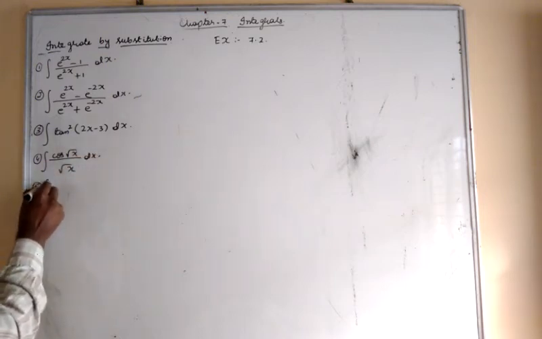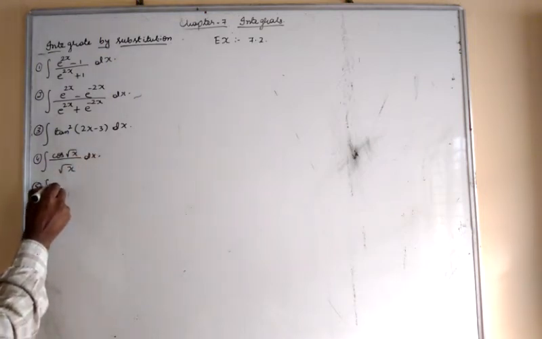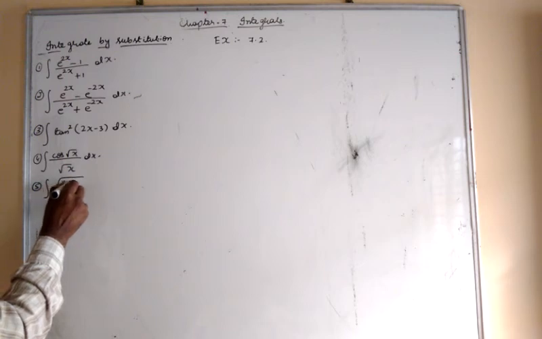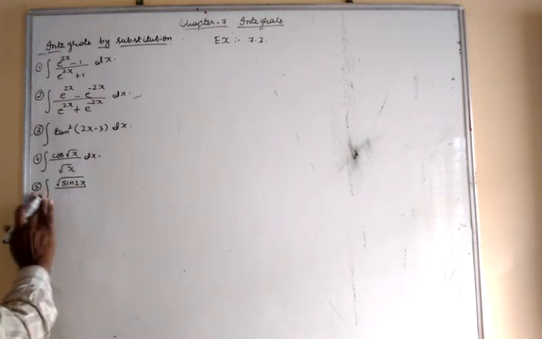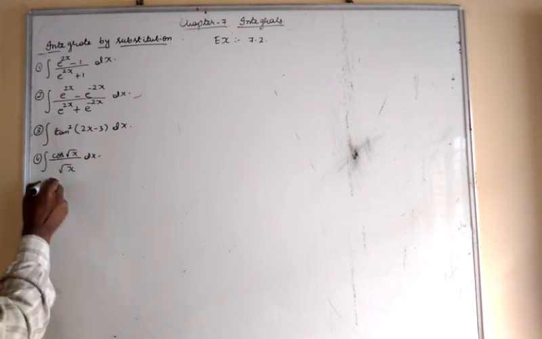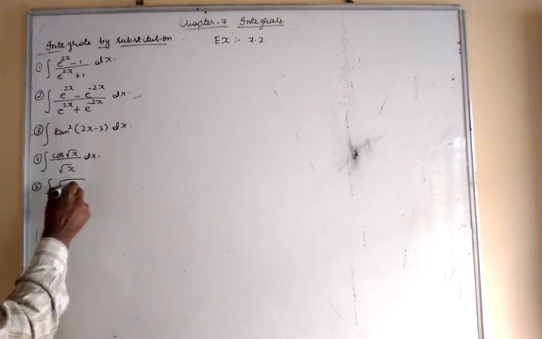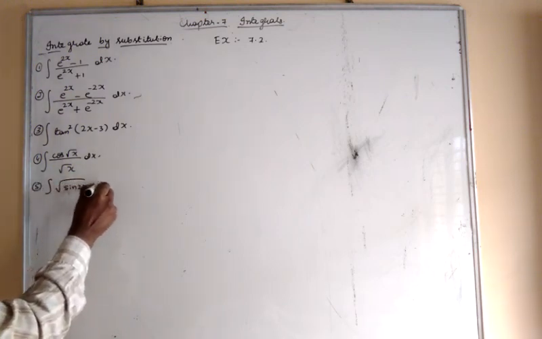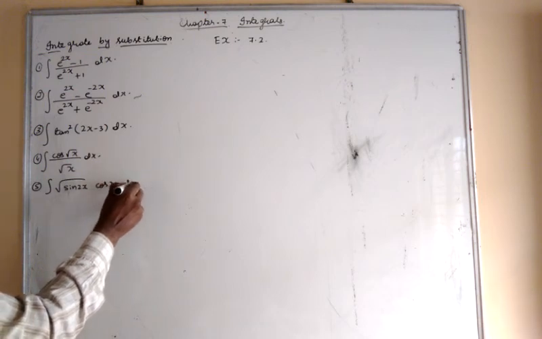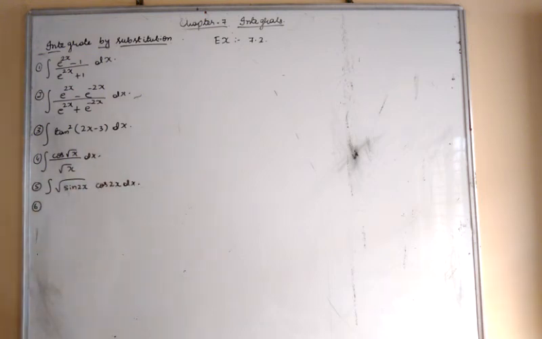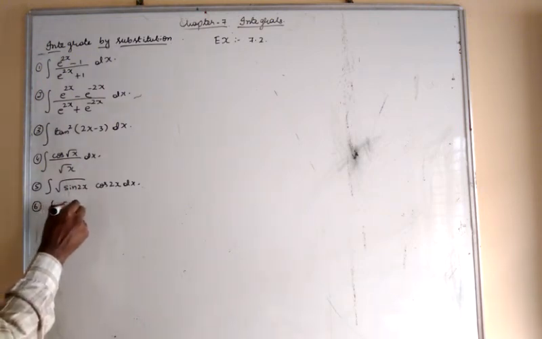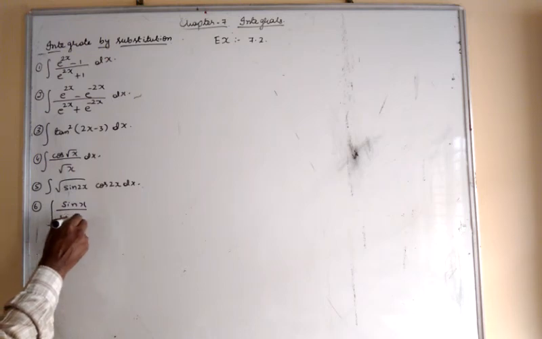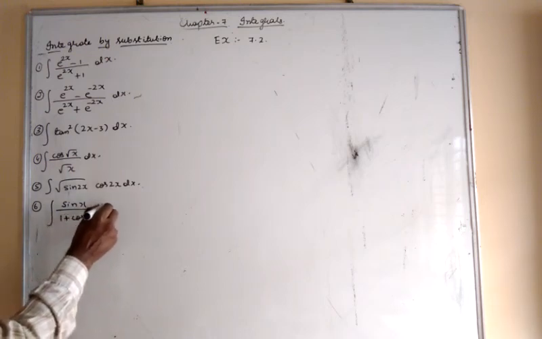The next fifth one, integration of root sine 2x into cos 2x dx. The next one is integration of sin x by 1 plus cos x dx.